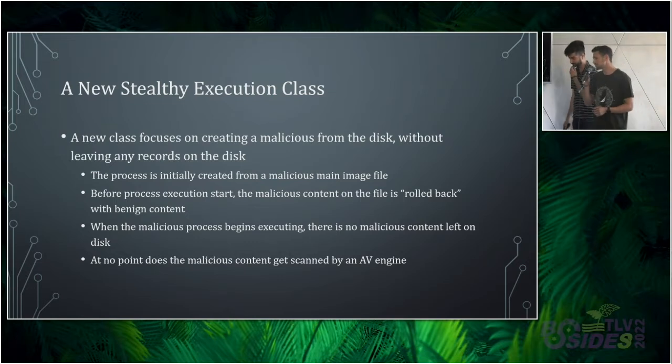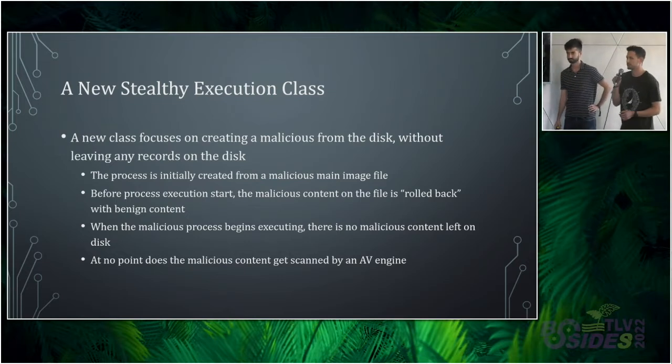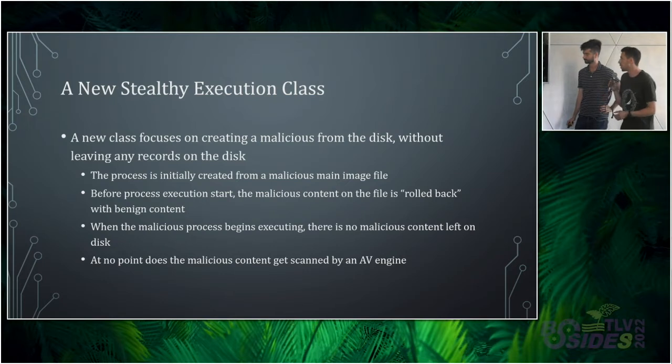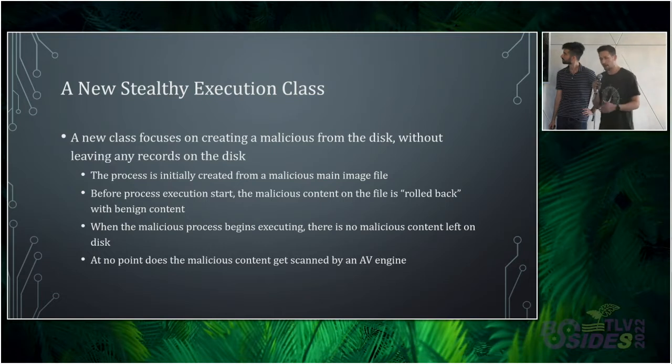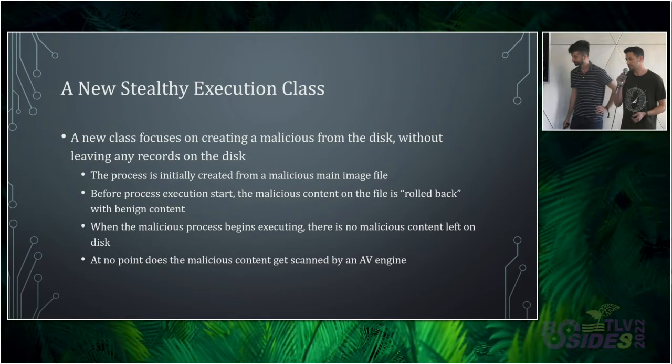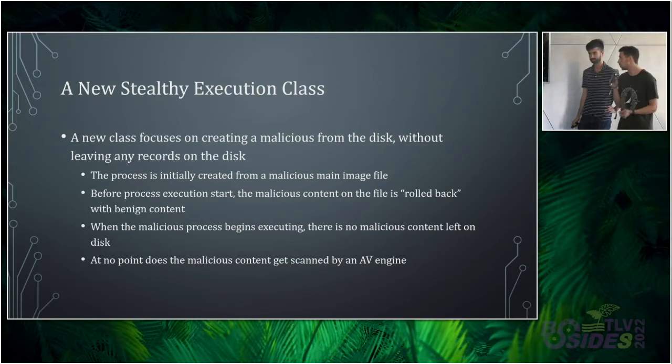In the last few years, we observed a new stealthy execution technique. Unlike process hollowing, which uses a lot of memory operations, I mean, you remap the files, you unload some memory, there's a lot of memory operation in between, this specific class focuses on the file system itself. The target of this class is to create a malicious process from the disk and somehow not leave any records of it.